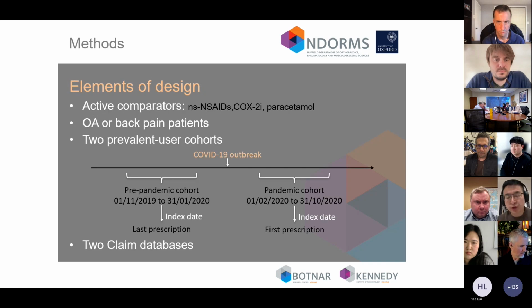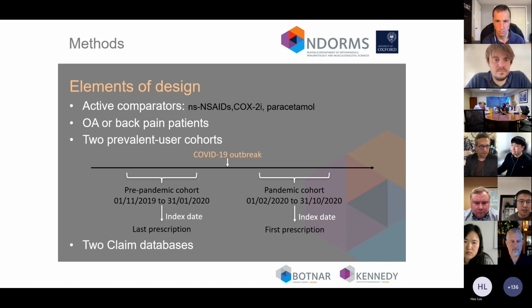To tackle these issues, we adopted several strategies. For example, at the design stage, instead of comparing with non-users, we selected several active comparators, such as other non-selective NSAIDs, COX-2 inhibitors, and paracetamol, because all of them share similar indications with ibuprofen.